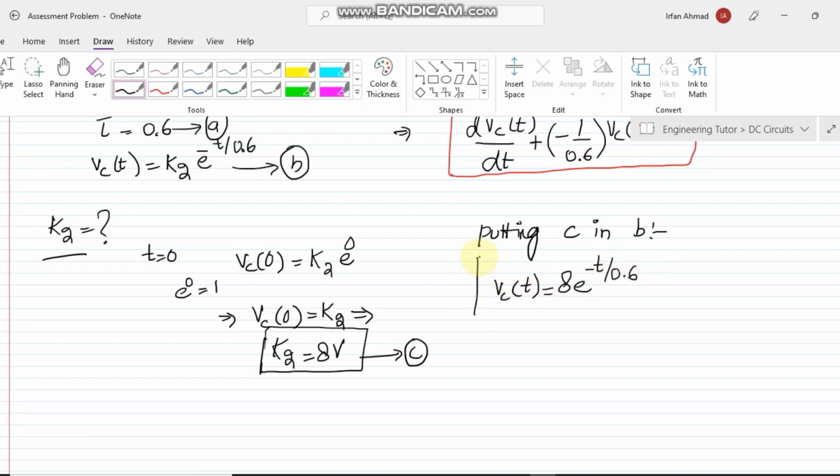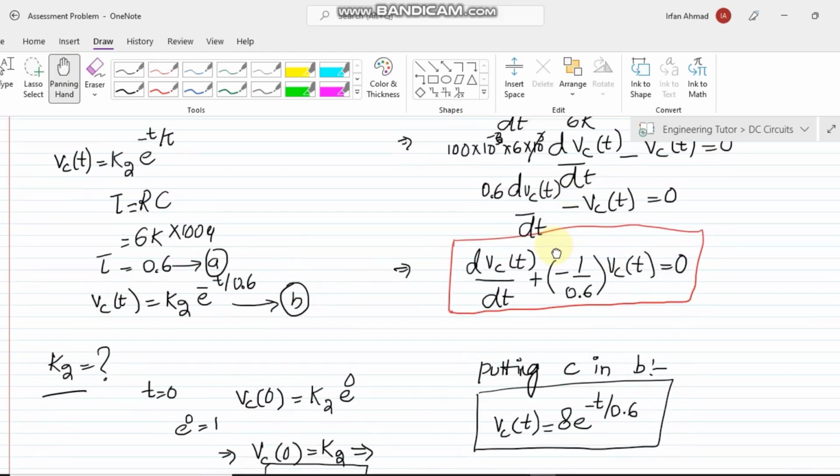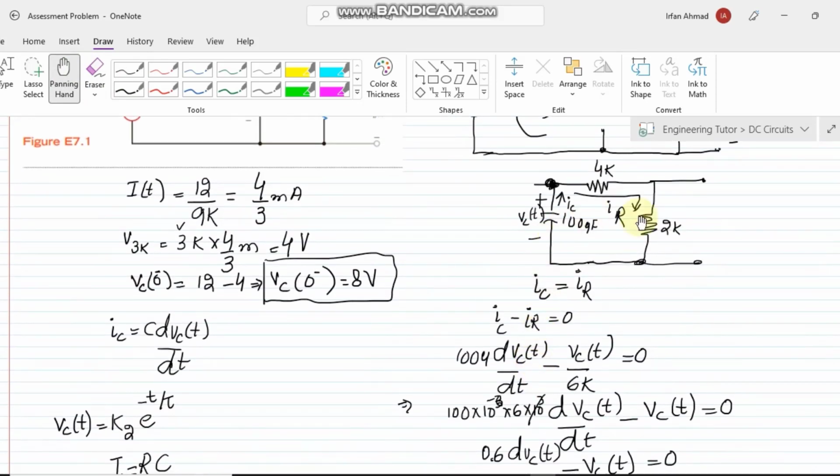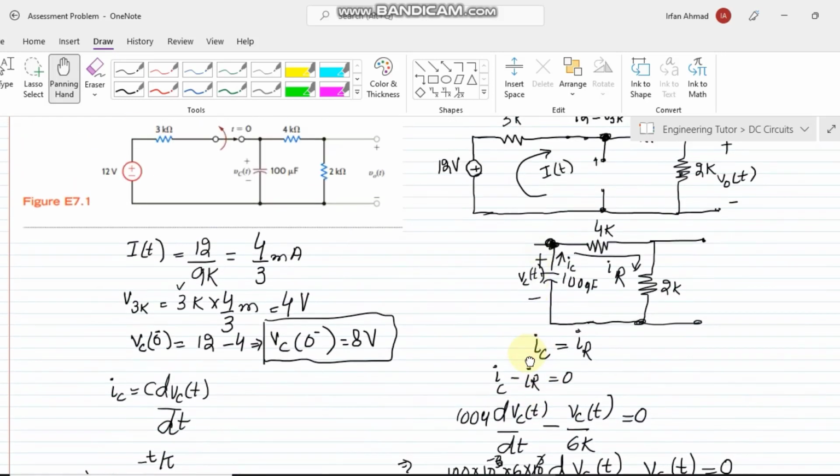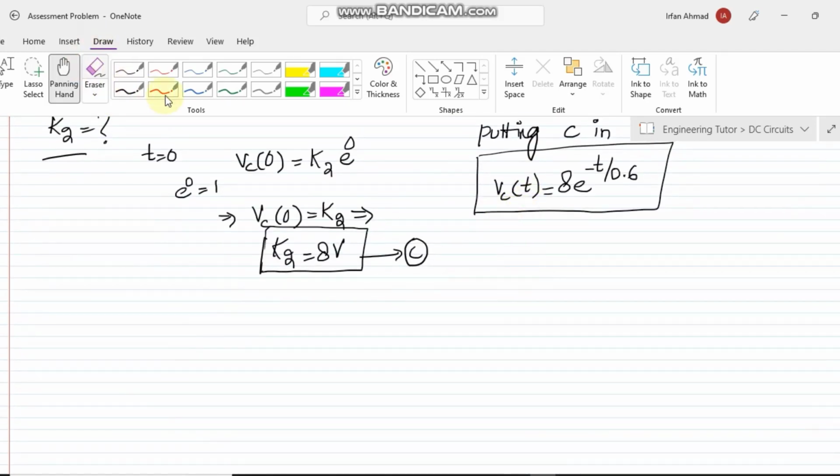So that is the answer of my question, in which we can easily see that the voltage of the capacitor will decay exponentially, and we can very easily draw it here as well.